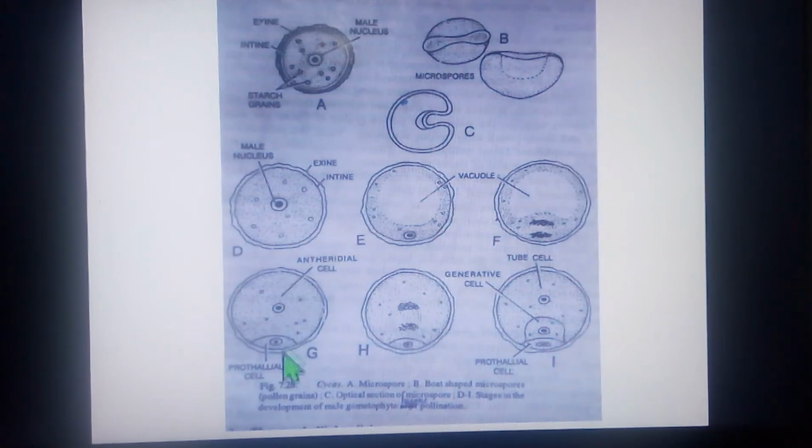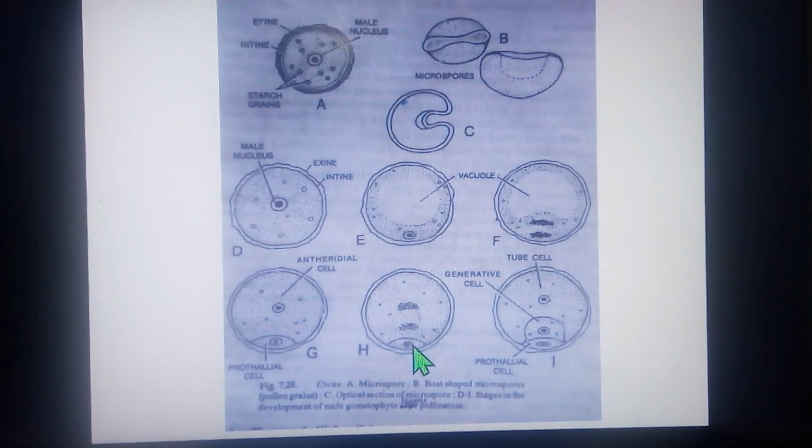So we can see here it has already divided to give rise to two cells, the prothallial cell and the antheridial cell. Now the prothallial cell is persistent, and it represents the one-celled vegetative body of the male gametophyte.